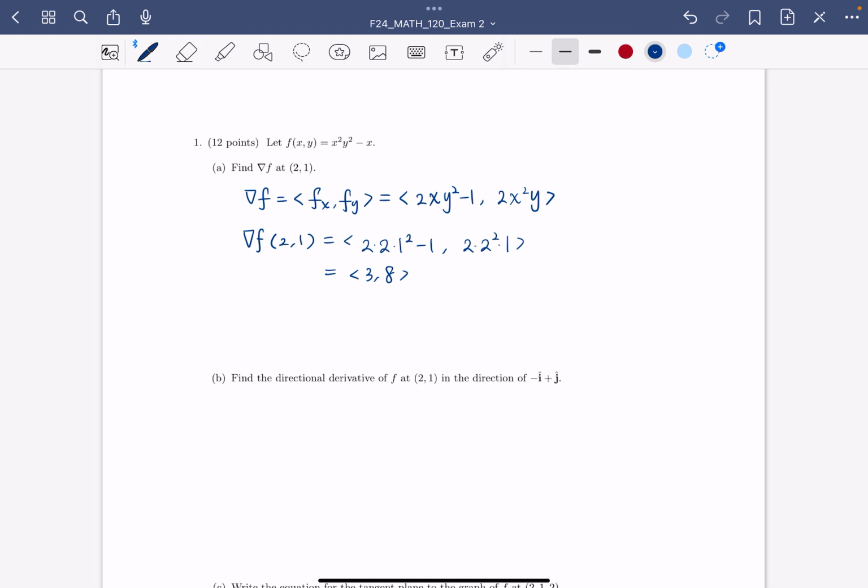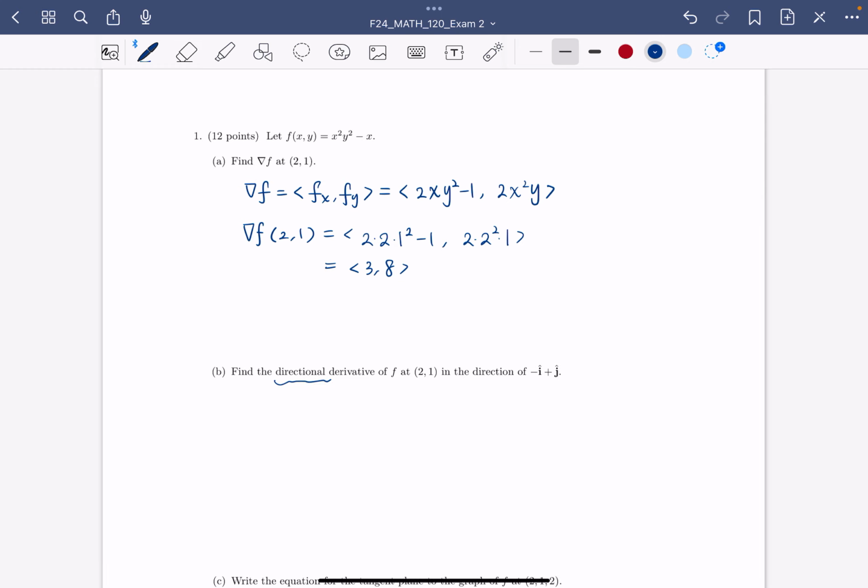And the next question is slightly different. We have to find the directional derivative along this direction, minus i hat plus j hat. But since this is not of unit length, we have to normalize it first.